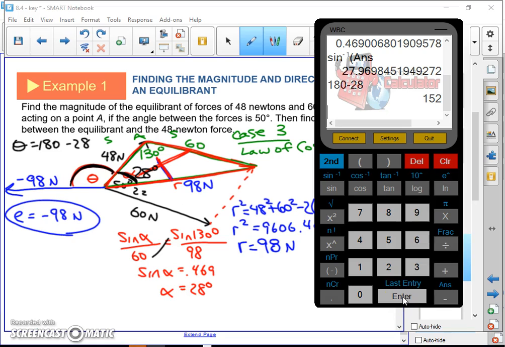Theta equals 152. 152 degrees. So notice what we've just found. We found the magnitude of the equilibrant was 98 newtons in the opposite direction of the resultant. And that theta, which was the angle in between the equilibrant and the 48 newton force, was 152 degrees.